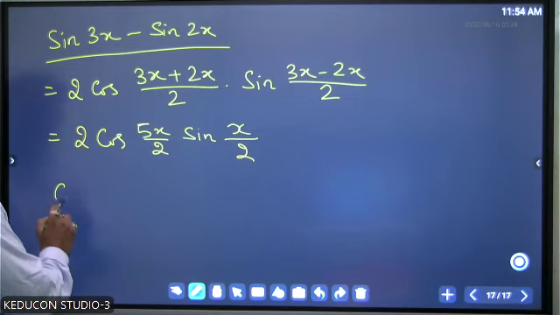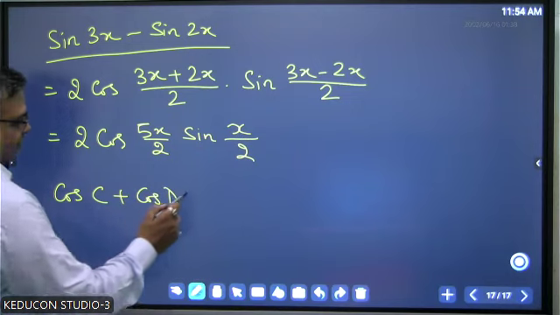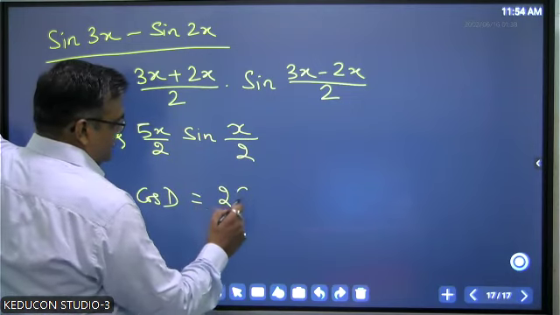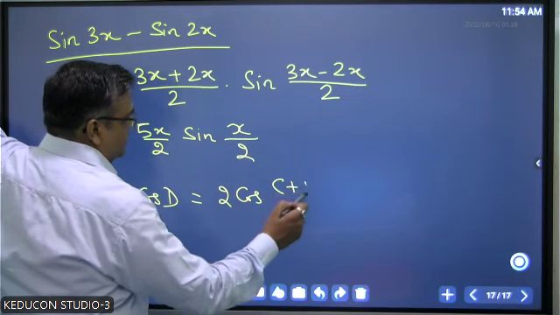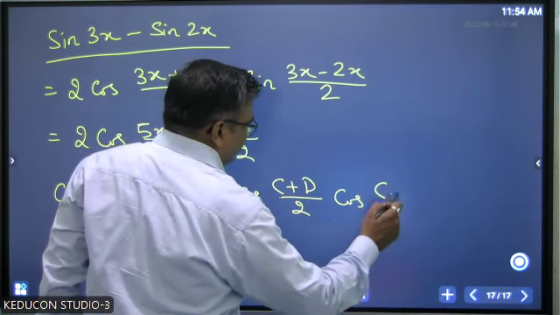Next formula we have is cos C plus cos D. This is 2 cos C plus D by 2 cos C minus D by 2.